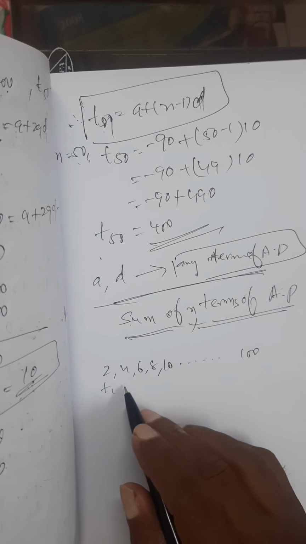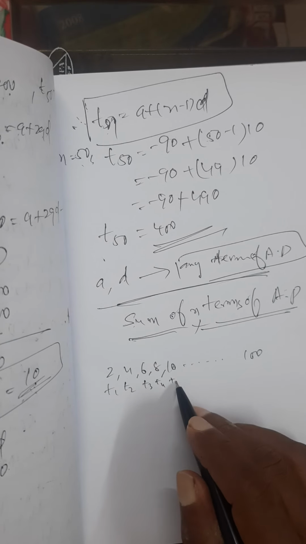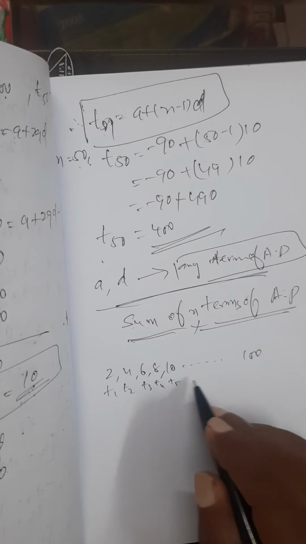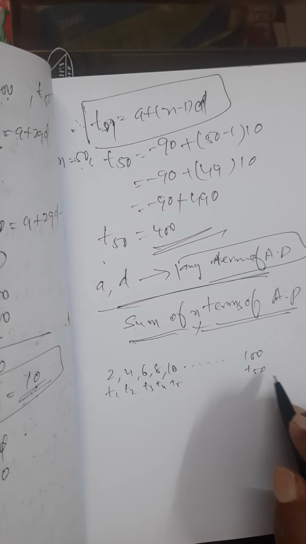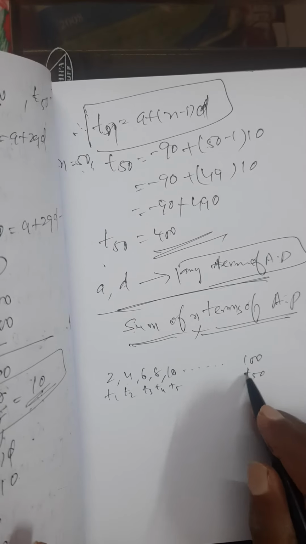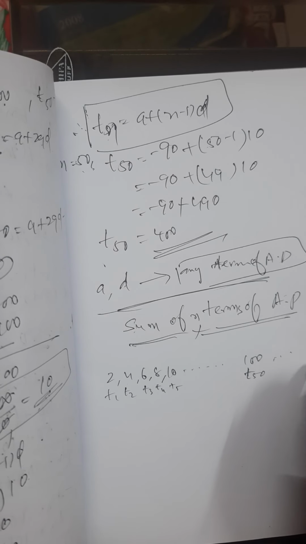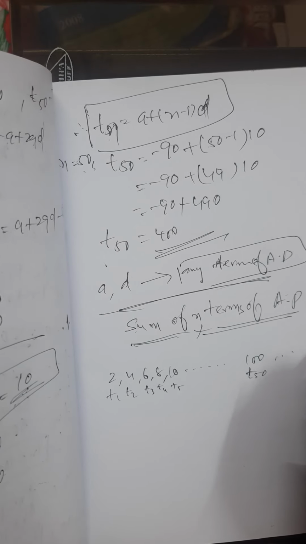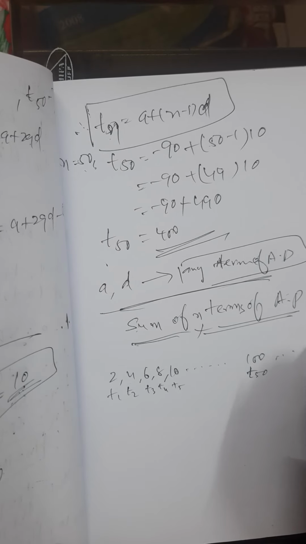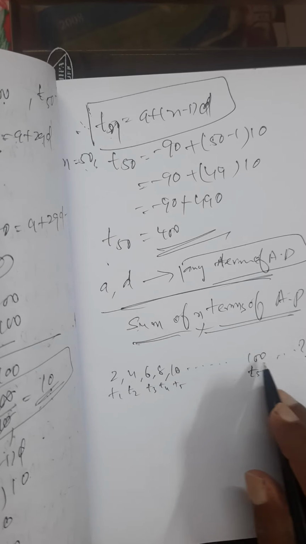This is the first term, second term, third term, fourth term, fifth term, and this is the 50th term. Like that we have to find the sum to 50 terms, or sum to n terms, where the last value is the nth term.